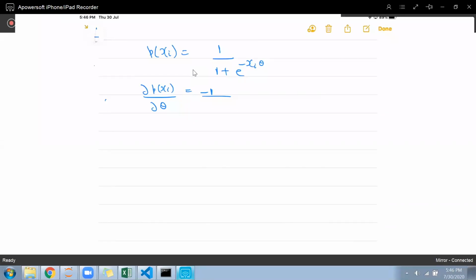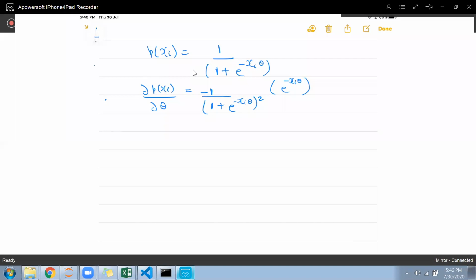So the derivative of this will be 1 upon 1 plus e to the power minus xi theta whole square. So this term I have differentiated. Now I will differentiate this term. What is the differentiation of e to the power x? e to the power x is e to the power x; it will remain the same.